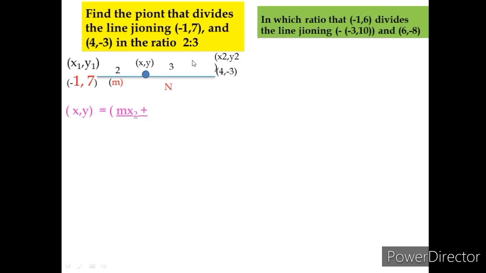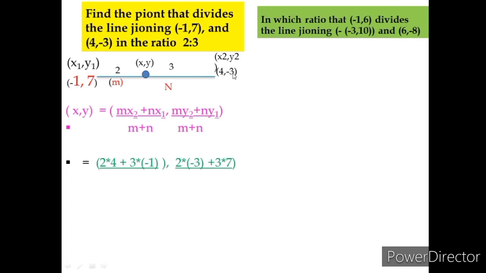You have to recapitulate, otherwise you have to read out the formula. Thereafter you have to substitute. Here x comma y is unknown, you have to find out. Here m, n ratios: m means 2, n is 3. This is x1, this is y1, this is x2, this is y2. You have to substitute.